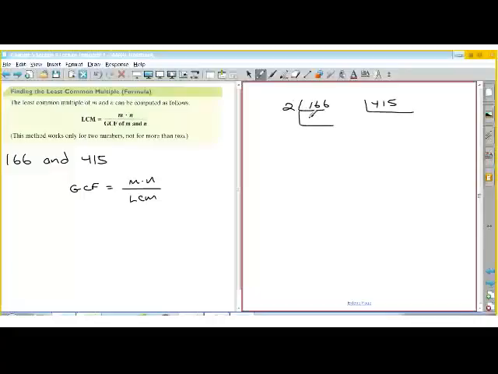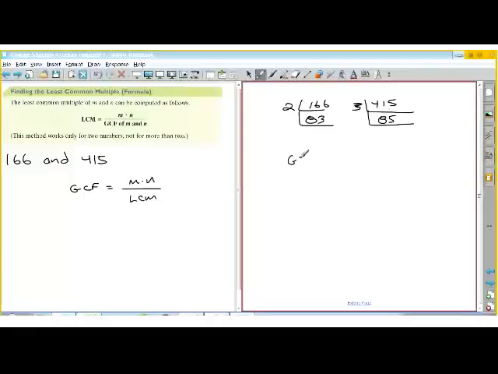I'll do them separately. We divide 166 by 2 and we get 83. I think that's a prime number, so we stop there. And you can divide 415 by 5, which is 83.